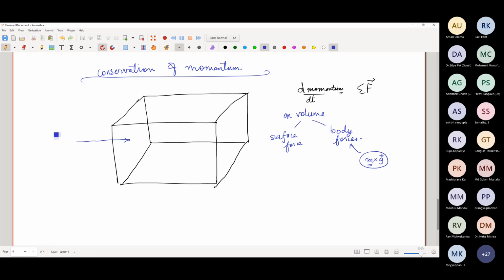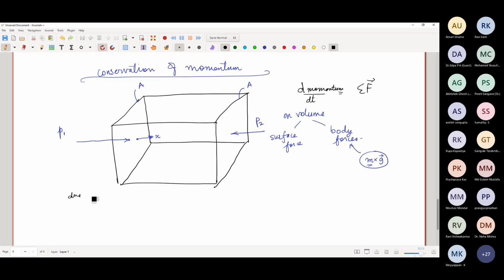Now let us say that there is some pressure over here, P1, and there is some pressure over here, P2. So in the x direction, if I declare this as the x direction, and if the area here is A, and the area here is also A, what do you think will be the force acting in the x direction due to pressure?